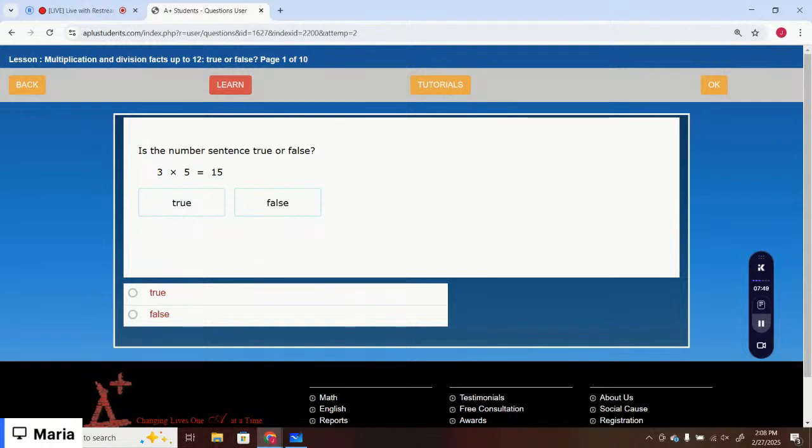Is the number sentence true or false? 3 times 5 equals 15. Is it true or false? True it is, because 3 times 5 makes 15, so that is true.